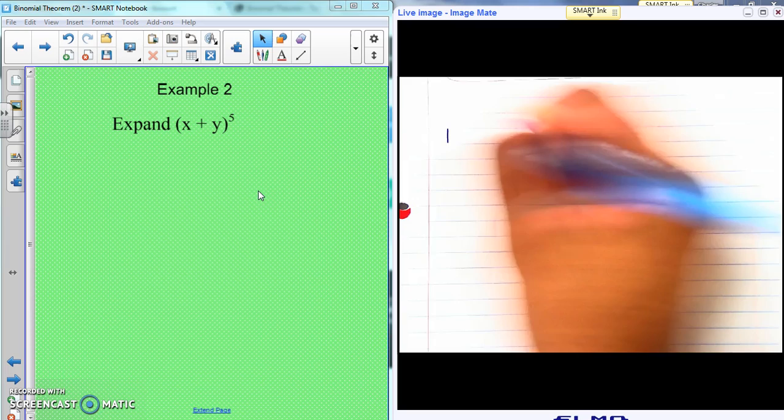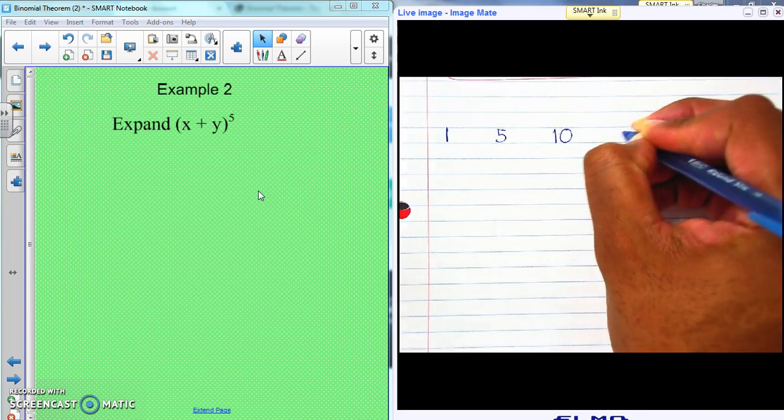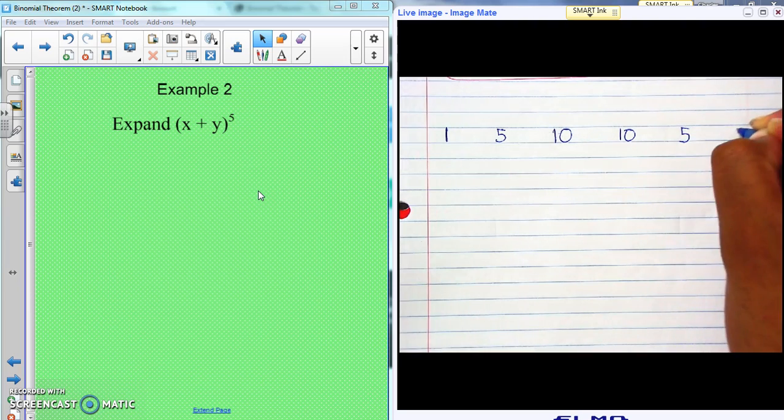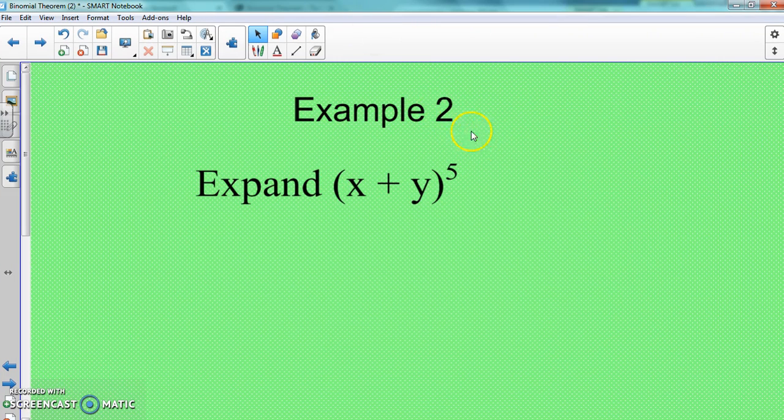So again, between each one of these, leave a space there for each one of them, because remember, we have to do our first and second term thing. We know this is our first term here.